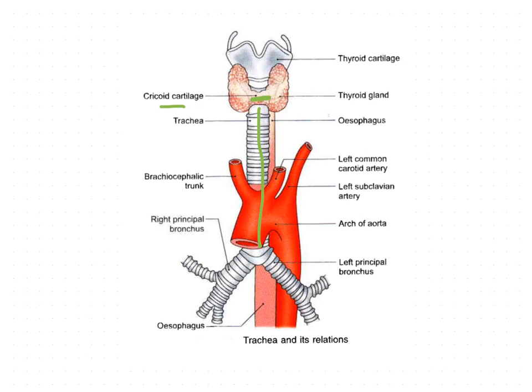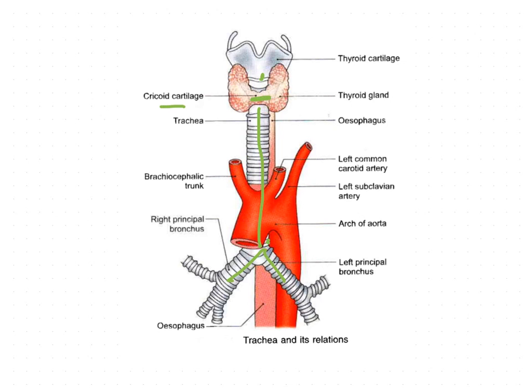Okay, the trachea starts at the lower border of the cricoid cartilage, which is at the level of the 6th cervical vertebra, as the continuation of the larynx, and ends at the level of the upper border of the 5th thoracic vertebra, and there it divides into two principal bronchi, that is the right and left bronchi.